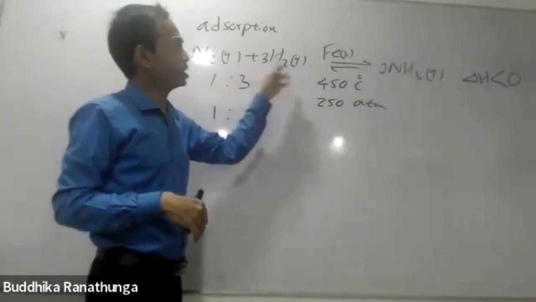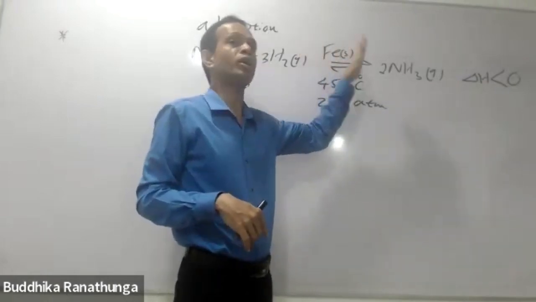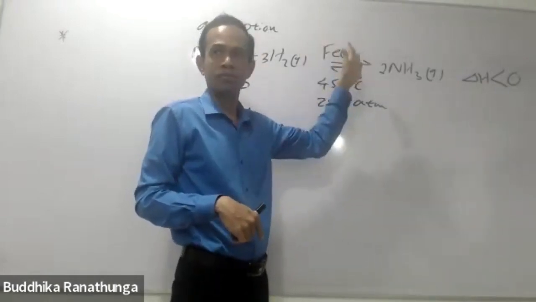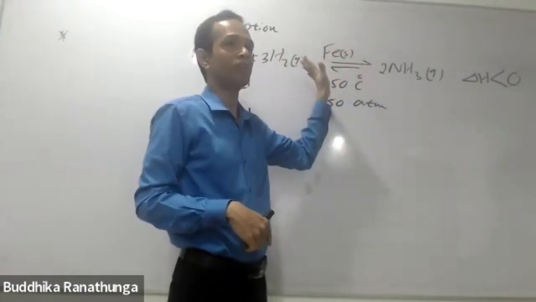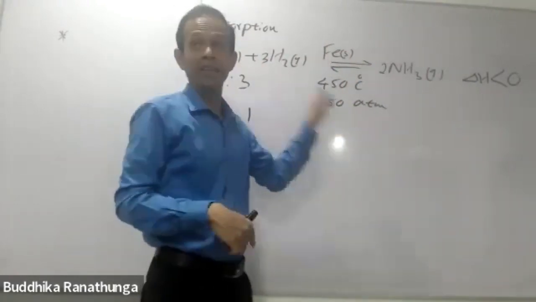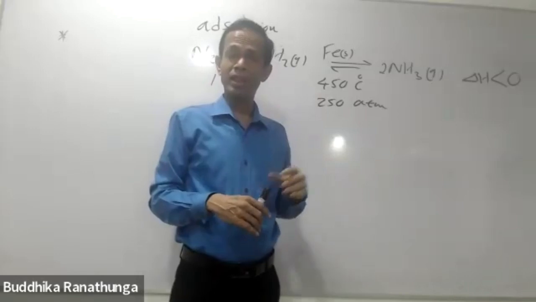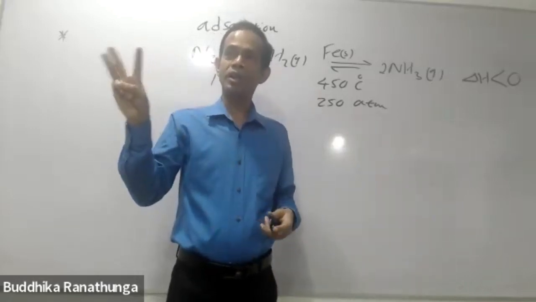Since this is a reversible reaction, you don't get ammonia only as the product. You get a mixture of gases: nitrogen, hydrogen, and ammonia. A mixture of three gases, right?